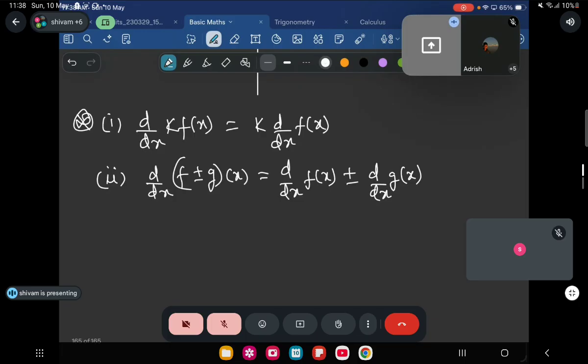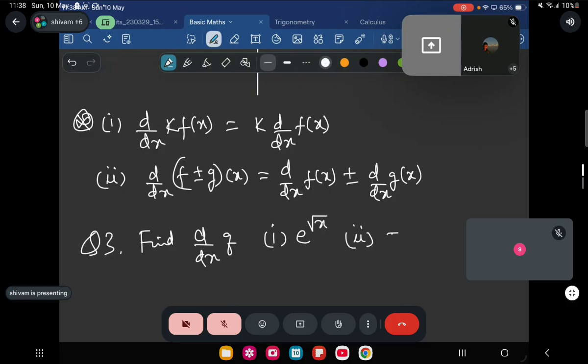Try this out. Question number 3. Find dy dx of number 1, e to the power root over x. Number 2, pi to the power x. Number 3, x to the power pi. Number 4, e to the power cos x. Solve.